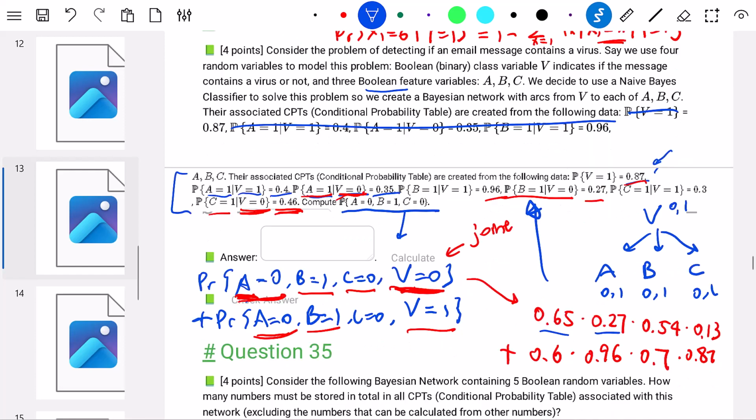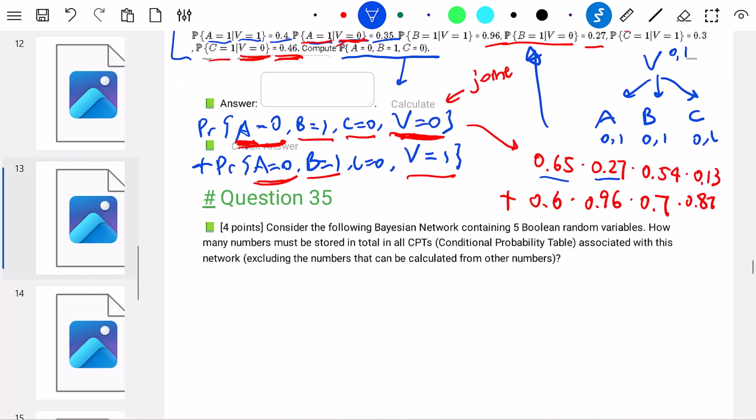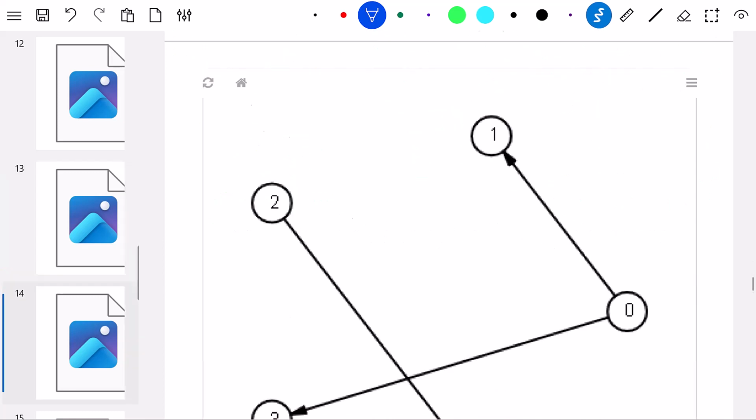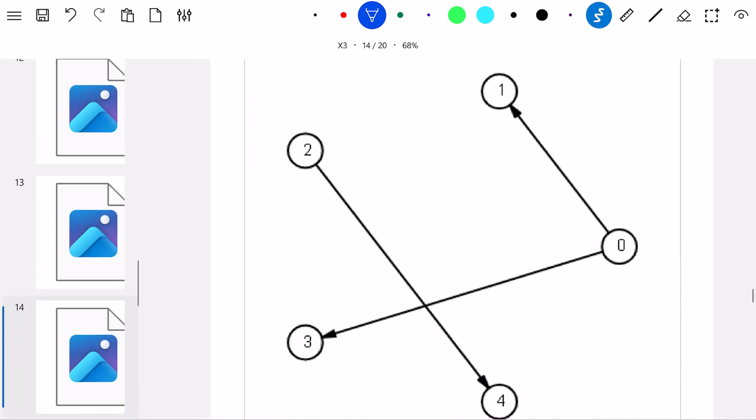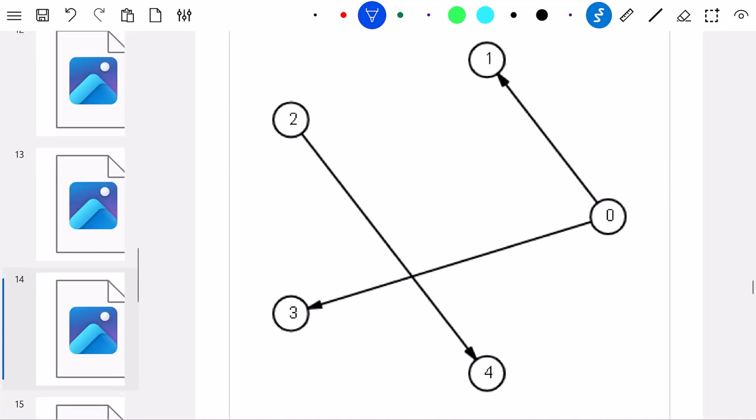Okay, so the next question: you have a Bayesian network, and now they are all binary variables, and again you are asked to compute the size of the conditional probability table. The diagram is a bit large, but we can see it here.